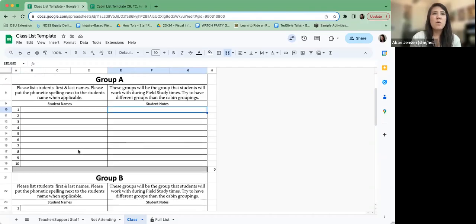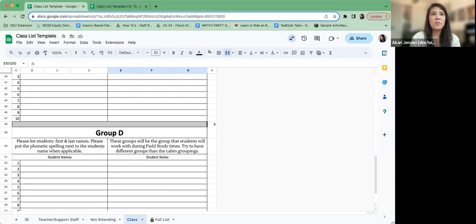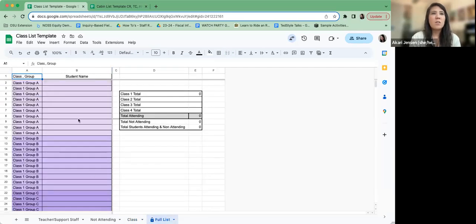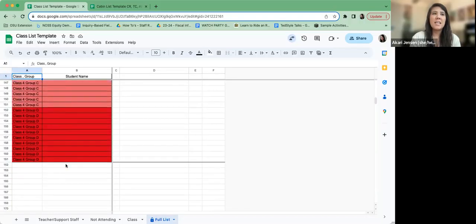So once you've input all of your students by group into these 4 different field study groups, this will auto-populate for you. So your class, it will pull the list of names of students from group A, group B, group C, group D, and also for the not attending.